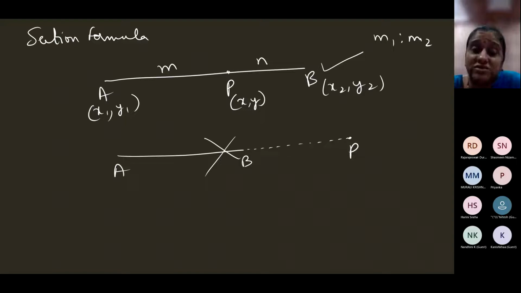So what is it that you need? See, this is very important. What do you need to find P? Who is P? P is a point that lies on the line segment AB. That is, P divides line segment AB internally in the ratio AP is to PB.